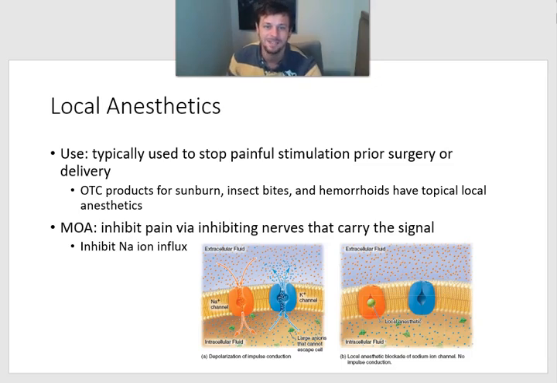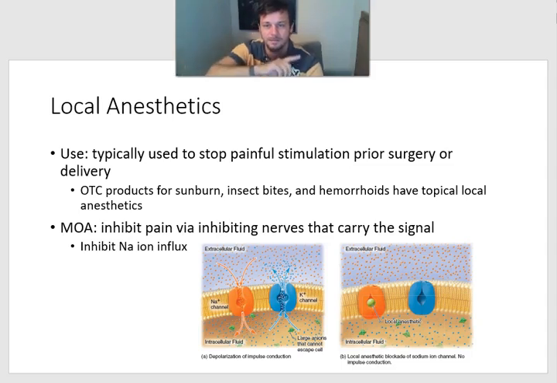Their mode of action is that they inhibit pain by inhibiting the nerves that carry those signals. If you put a local anesthetic on the skin, it's going to absorb in and shut down the sodium pump. So it doesn't let sodium come into the cell, which means that cell's not going to be able to depolarize.